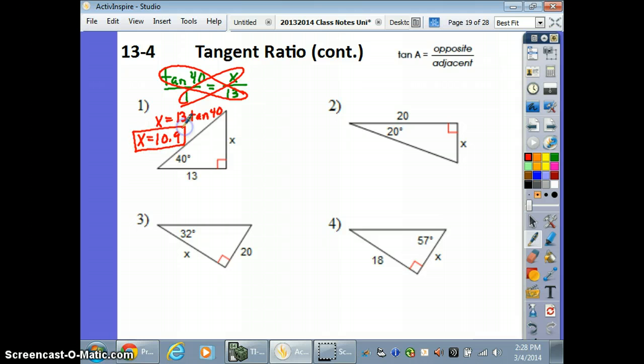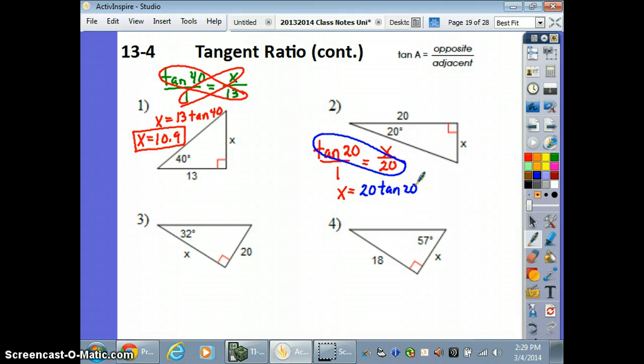Okay, so we're going to go on. Next one I'll show you. This is also tangent, and we have our reference angle 20. So the tangent of 20, we'll write it over 1. Our proportion would be opposite the reference angle, x, and the side adjacent is 20. So x equals, now remember, we're going to multiply our 20 times the tangent of 20.